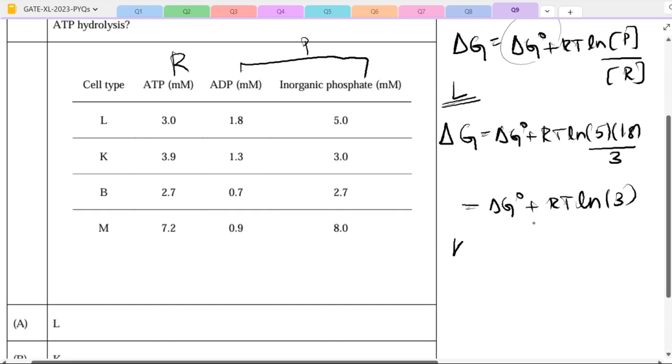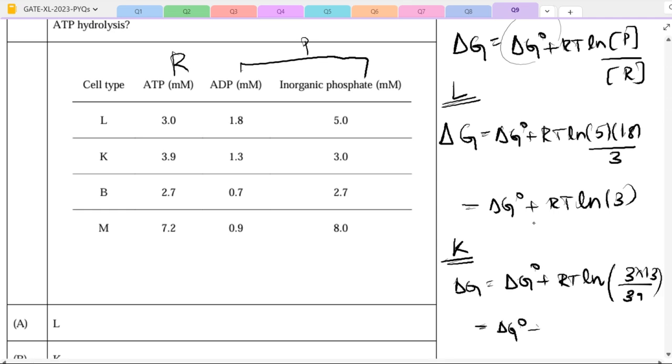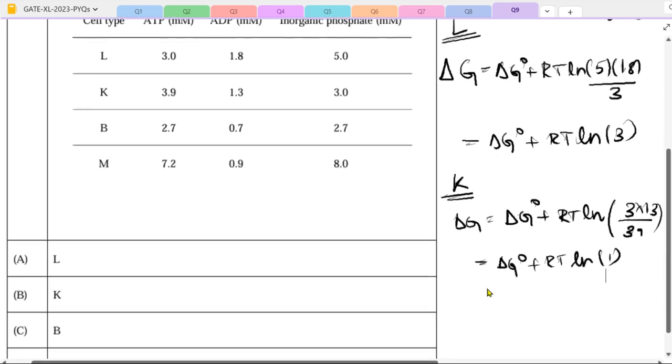Now for cell type K, delta G equals delta G naught plus RT ln 3 into 1.3 divided by 3.9. So that will be delta G naught plus RT ln 1. ln 1 is 0.